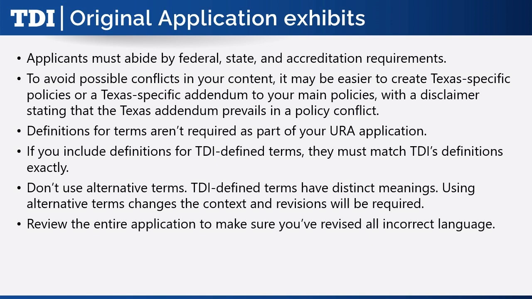For example, when explaining requirements related to utilization review, do not use different terms for adverse determination, prospective, concurrent, retrospective, expedited appeal, pre-authorization, and so on. TDI-defined terms have distinct meanings, so using alternative terms will change the context, and revisions will then be required.